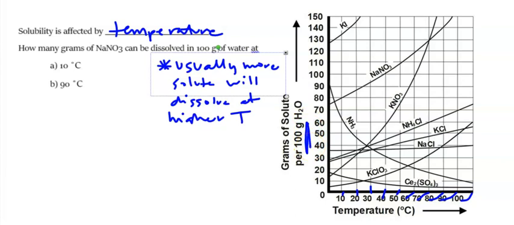So I've got a whole bunch of different substances. The NaNO3 is this line right here. Okay. And we want to know how much will dissolve in 100 grams of water at 10 degrees Celsius. So I'm going to find 10 Celsius, which is right down here, on that line, which is right here. So I can dissolve 80 grams.